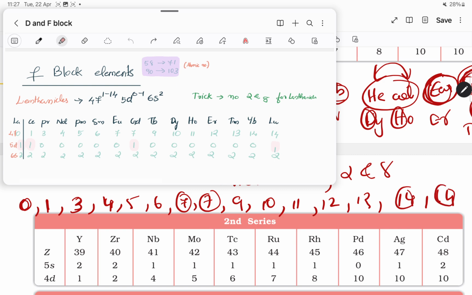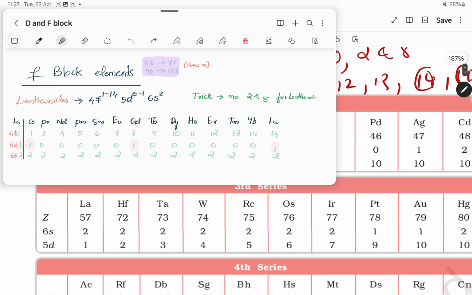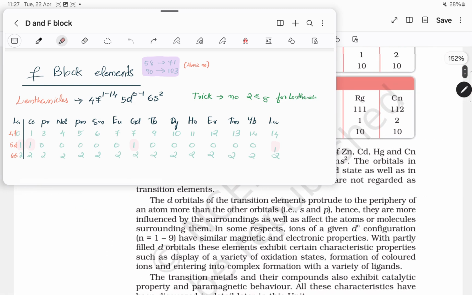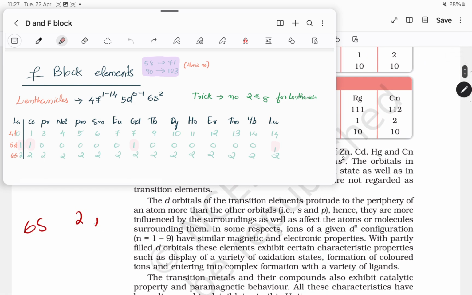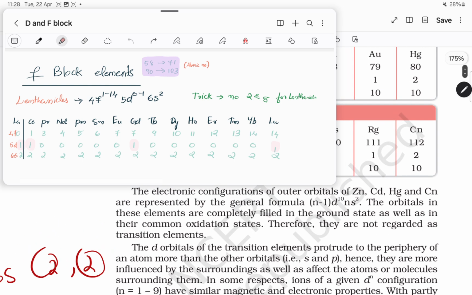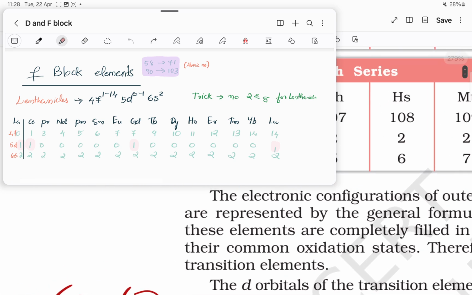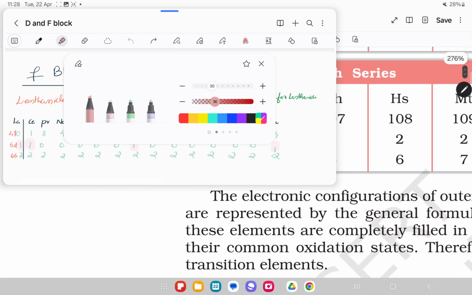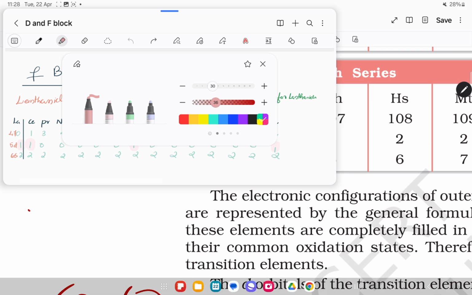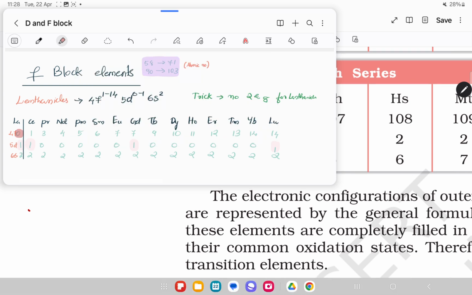Now in case of 6s, I am saying 2 2 2, every one 2 only. Now what you have to do is add in between to get the 5d. For example, here I am saying, here you can say 0, here 2. Okay, here 0 2, start with 1.